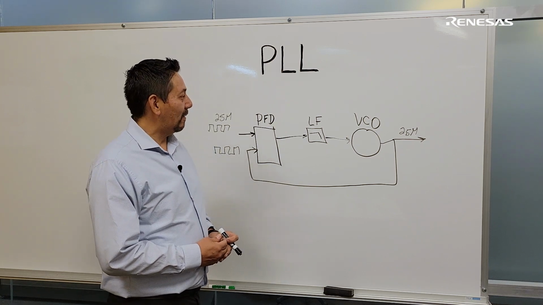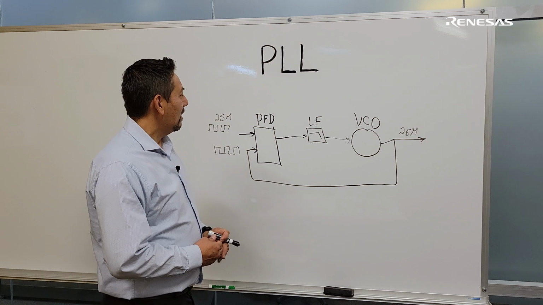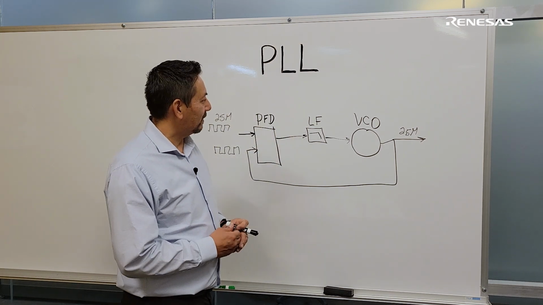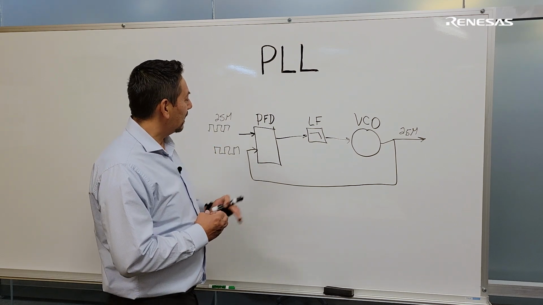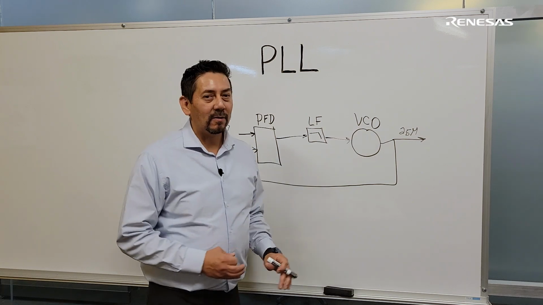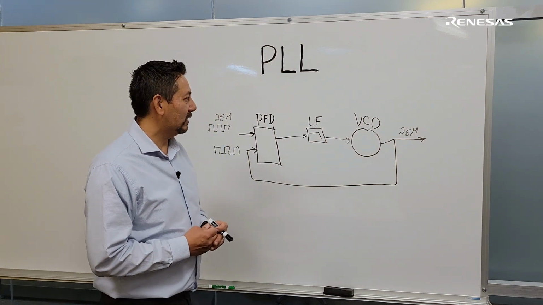For example, we can have an output divider, a feedback divider. We can have different topologies for the phase detector and a loop filter. But as long as you understand the three basic building blocks, the phase detector, the loop filter, and the VCO, then you're off to a great start in understanding how a PLL functions.